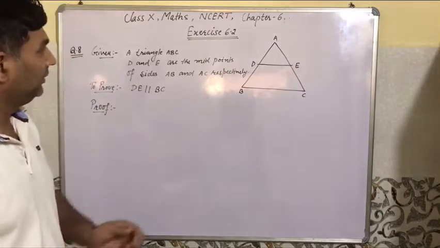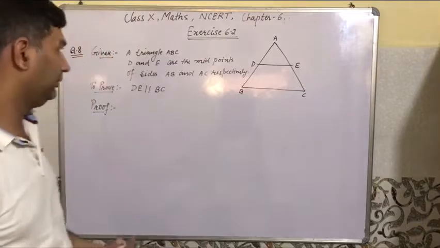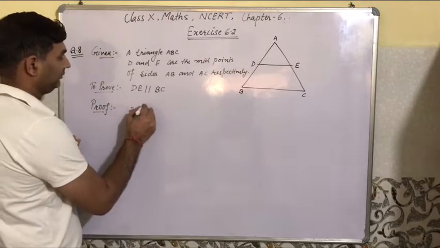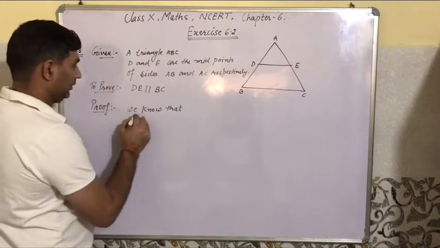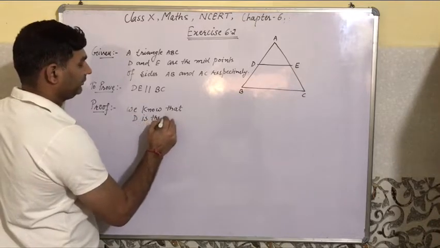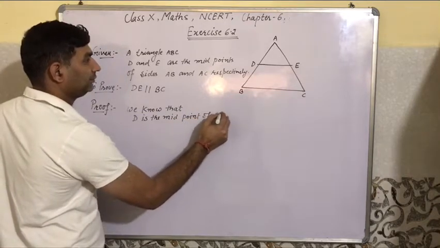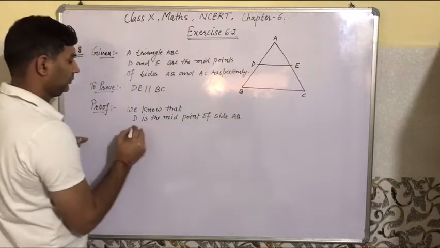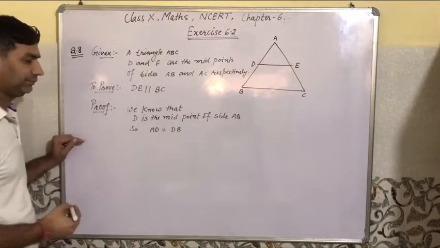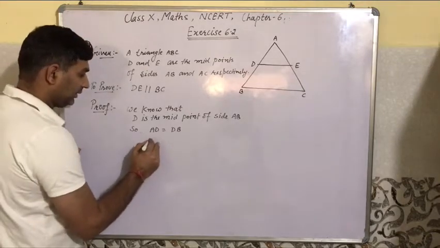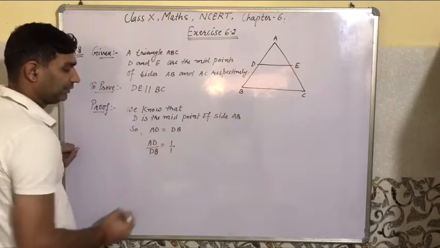We know that AD and DB both are equal because D is the midpoint of side AB, so AD is equal to DB, and we know that AD upon DB is equal to 1 upon 1.